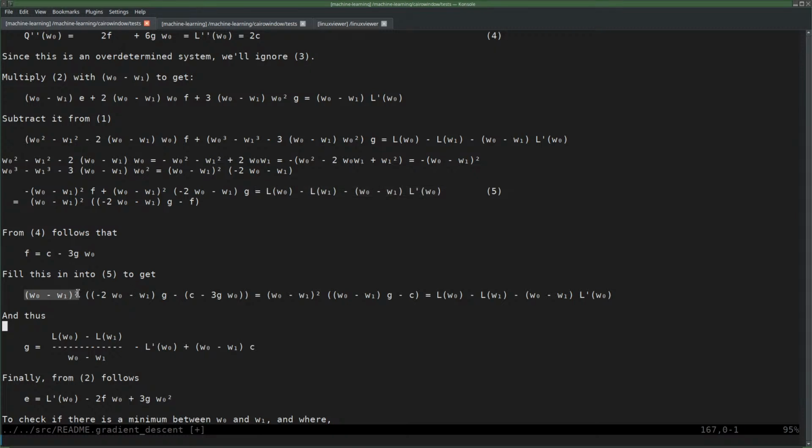Yeah, we have this times minus C. And then we have here that times G plus 3W0.